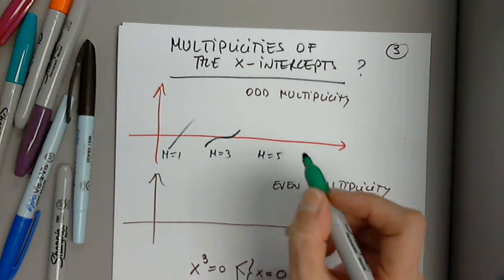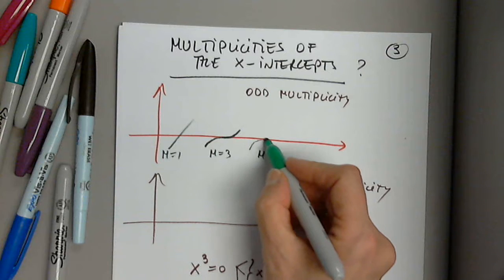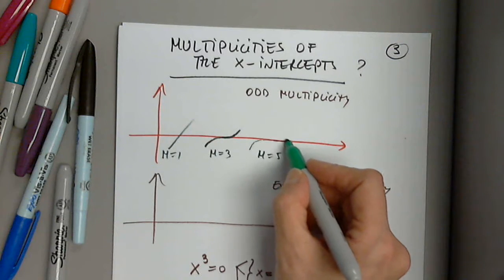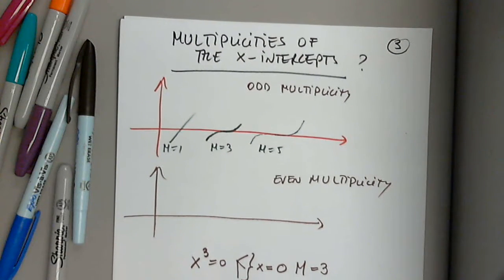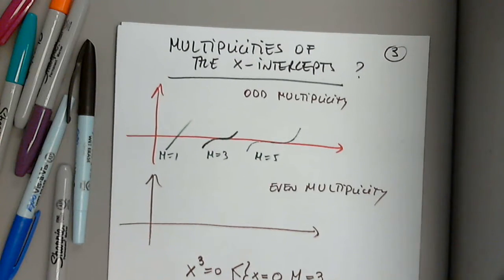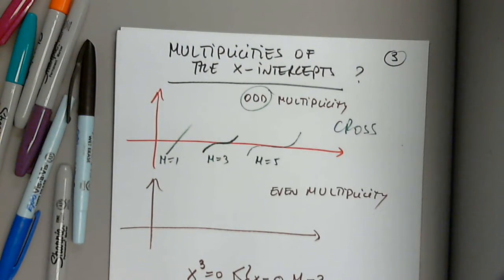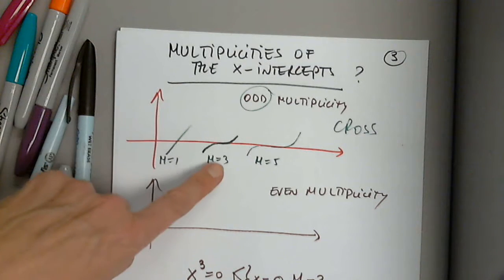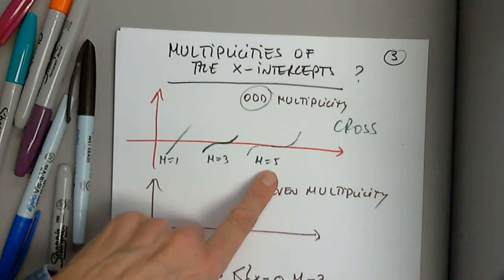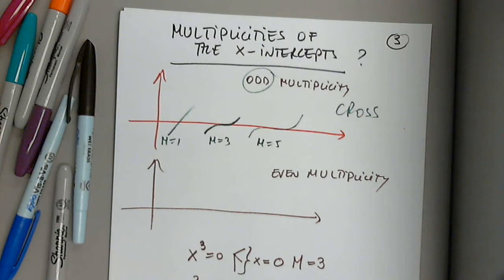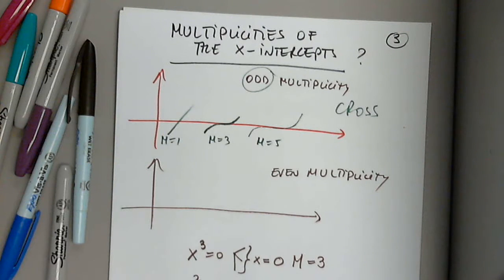Let's look at multiplicity 5. It's even slower. So every odd multiplicity will be a cross of the x-axis, but it depends how. Fast if it's 1, slow if it's 3, very slow if it's 5, and beyond that, very, very slow. What do you think about even multiplicity? And we had an example with even multiplicity.